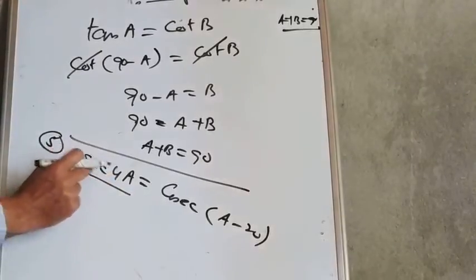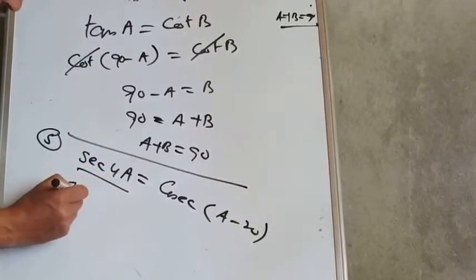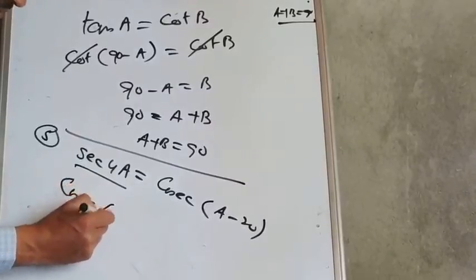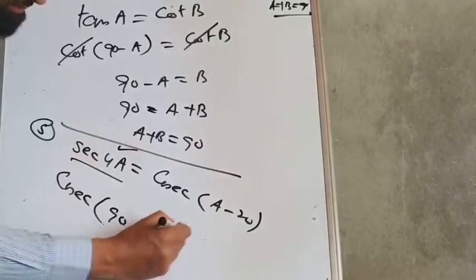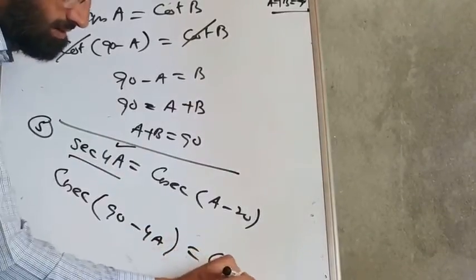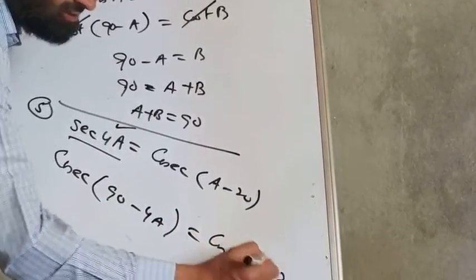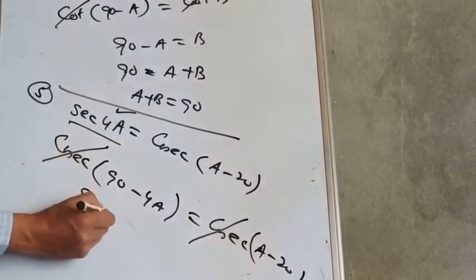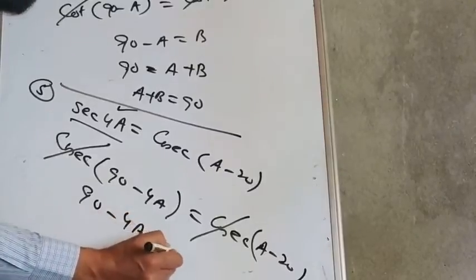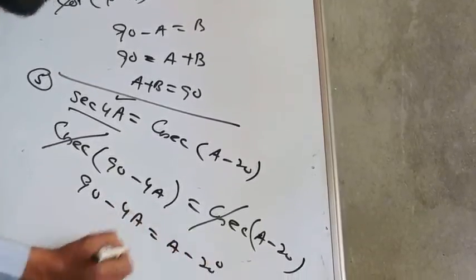Instead of sec 4A, we can write here cosec 90 minus theta. Cosec 90 minus 4A. What is theta here? It is 4A. Is equivalent to cosec A minus 20. Cosec and cosec will go. We are left with 90 minus 4A is equivalent to A minus 20 degrees.